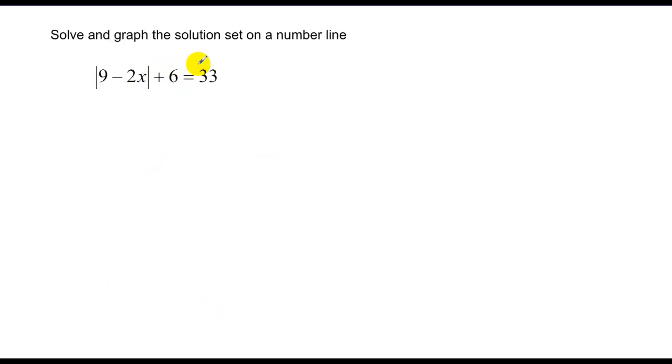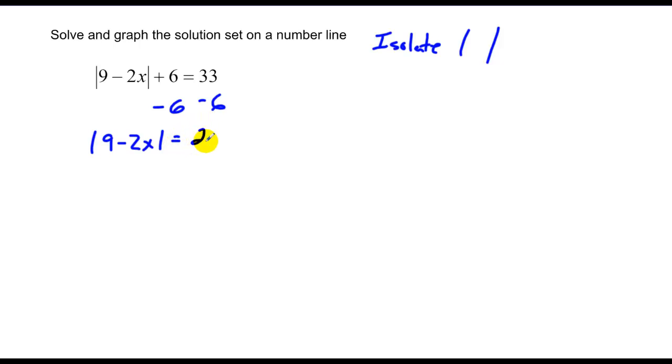In this next example, it's a little bit different in that I have some extra item tacked on to the absolute value problem. First thing we want to do on all of these is isolate the absolute value. So in order to do that, I subtract 6 from both sides, and I can do that because it's not within the absolute value. So I have the absolute value of 9 minus 2x equal to 27.